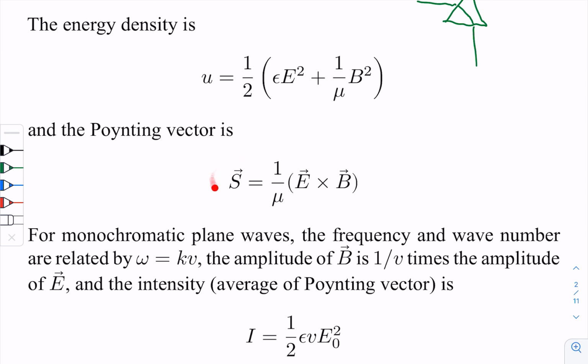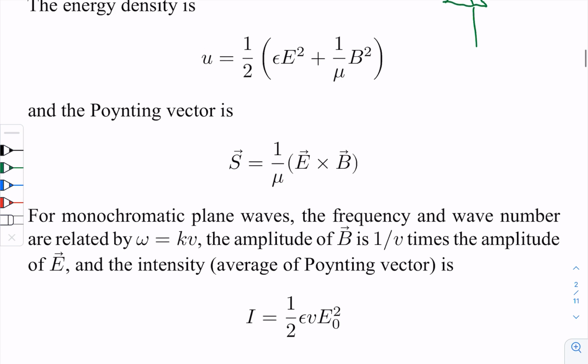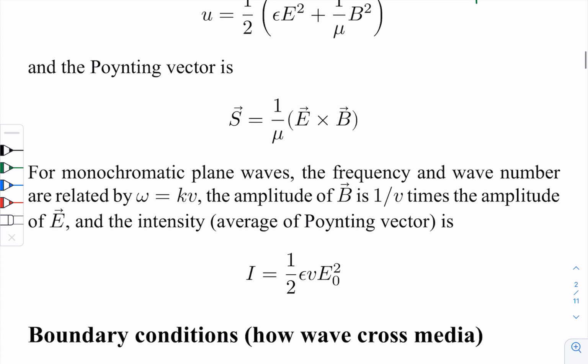Now for the Poynting vector, it's E cross B divided by this mu. So we have to be careful that for the B field, it is 1 over v times the amplitude of the E instead of 1 over c. So now if we calculate the intensity of the light, that should be 1/2 of epsilon v times E naught squared.